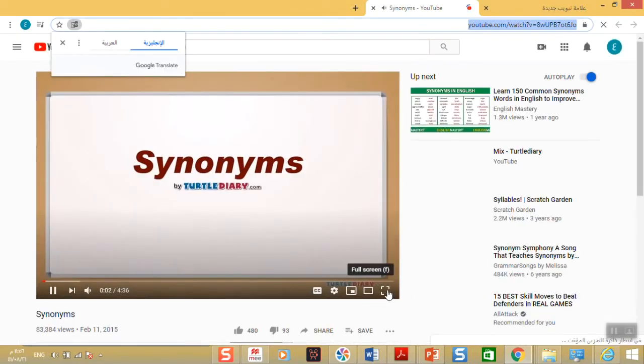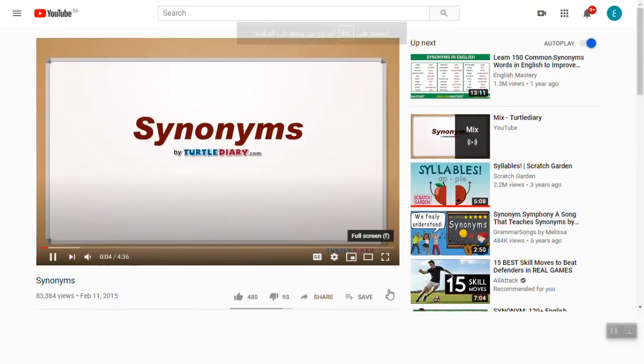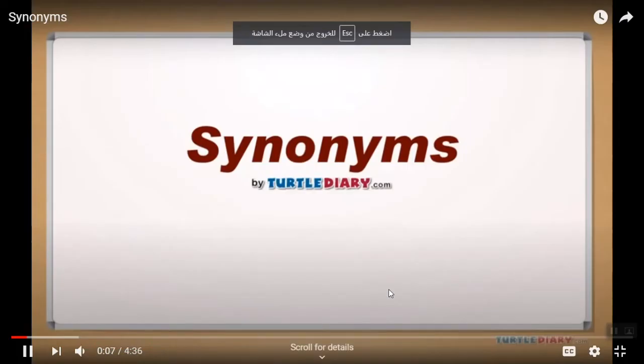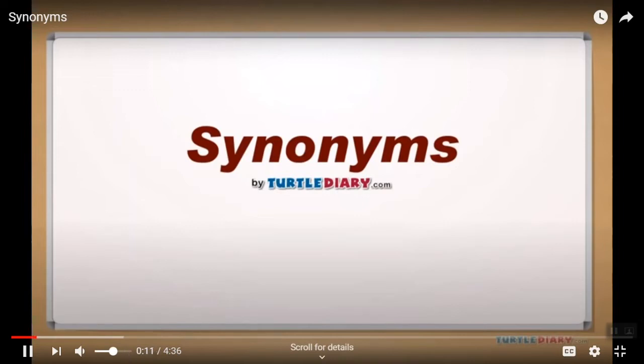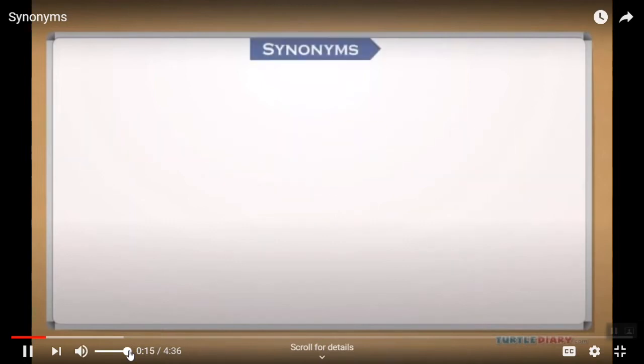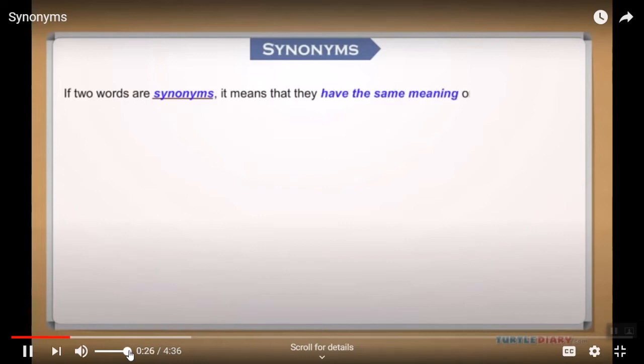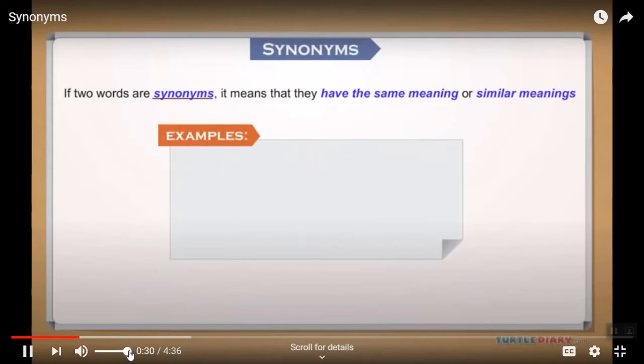Synonyms. In this lesson, we're going to learn about some different terms or words in the English language. First, we'll look at synonyms. If two words are synonyms, it means that they have the same meaning or similar meanings. Let's look at some examples.